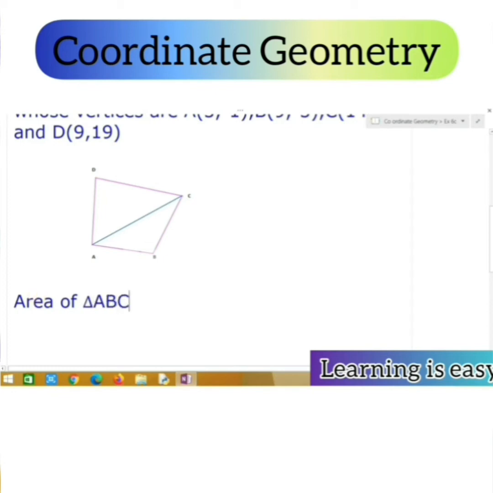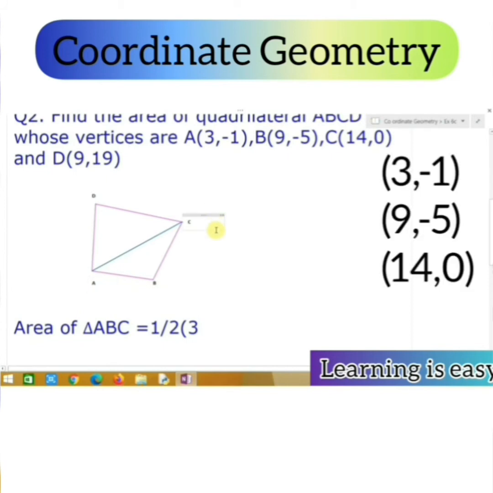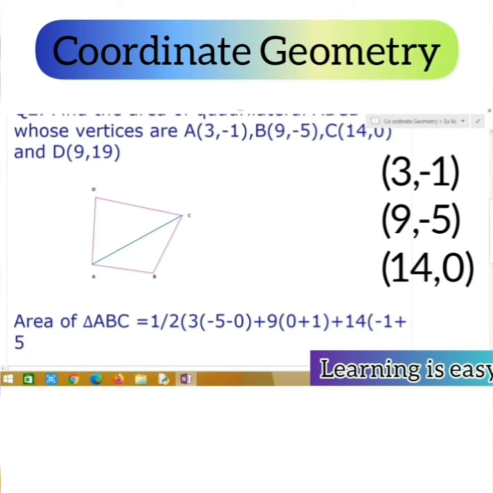So area of triangle ABC is equal to half into 3, that's x1, into minus 5 minus 0, y2 minus y3, plus x2 is 9 into 0 minus of minus 1, that's plus 1, plus x3 is 14 into minus 1 minus of minus 5, that becomes plus 5.